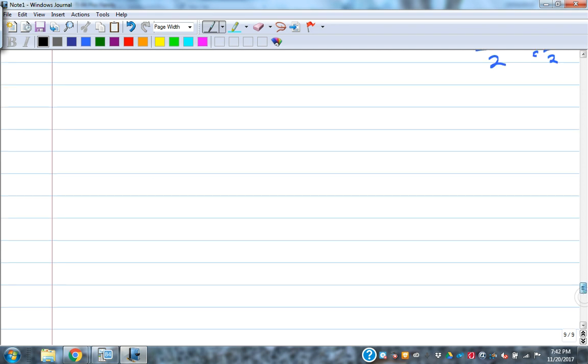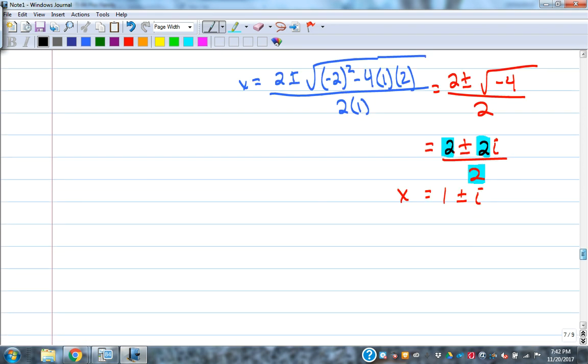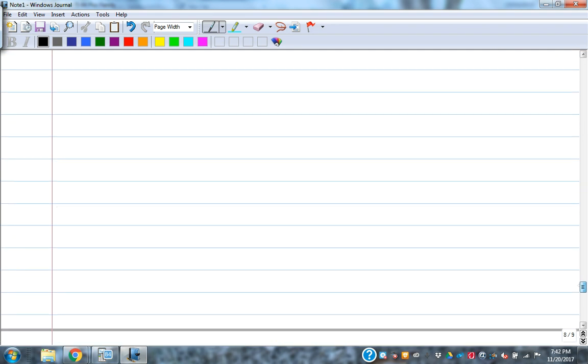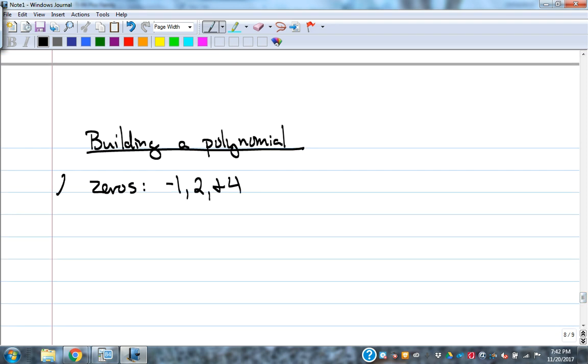I don't know what letter it is. L. If the zeros are negative 1, 2, and 4, that's what they've given me. So I can build a factored form from those zeros.